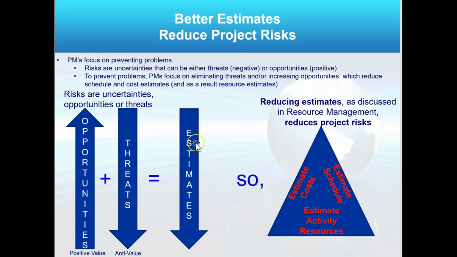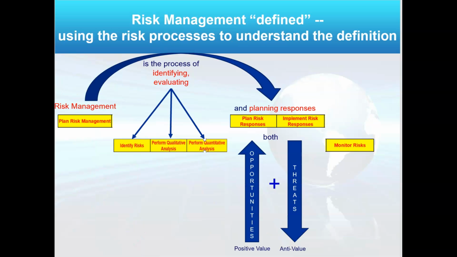And so one way, for example, just as an example, are the estimates, right? Reducing them creates opportunities and reduces threats at the same time. It's about controlling our baselines, right? So we might estimate resources, schedule, or cost a little better, okay?